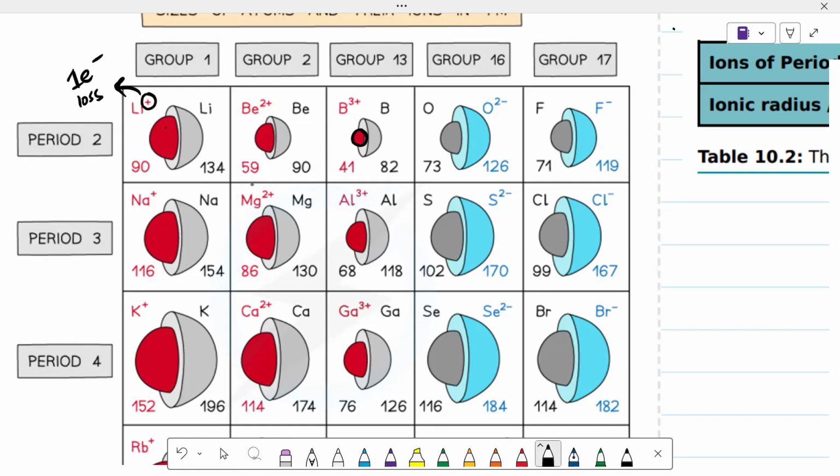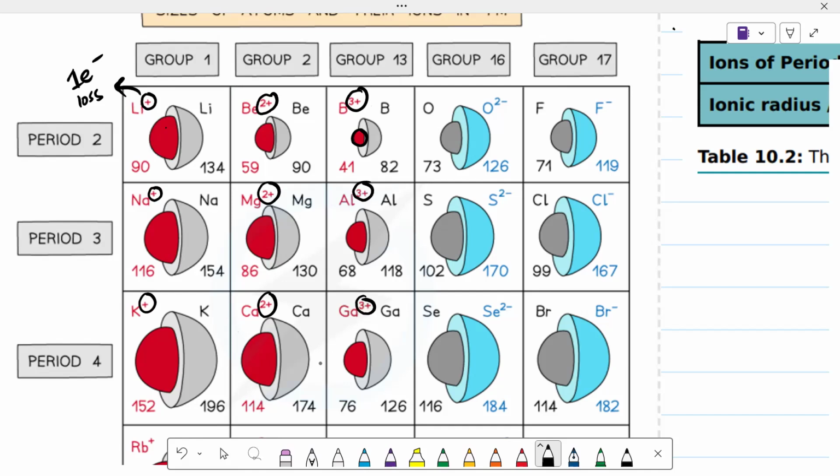to stabilize itself. You know the octet and duplet rule of completing the valence shell. We will discuss that. At this stage, you must just understand that beryllium belongs to group number 2, that is why it will lose two electrons. Beryllium, magnesium, calcium will lose two electrons, group number 1 will lose just one electron, and group 3 will lose three electrons.